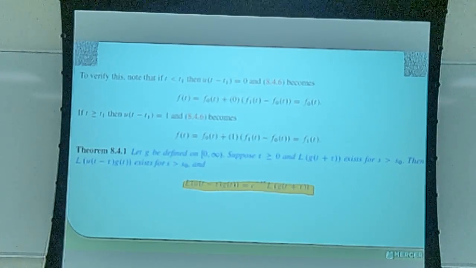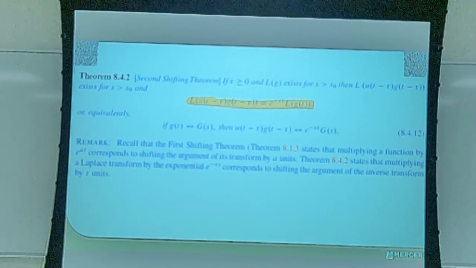It's just generally more convenient to have it in this form. The second shifting theorem really is going to be used mostly for inverse Laplace transforms.